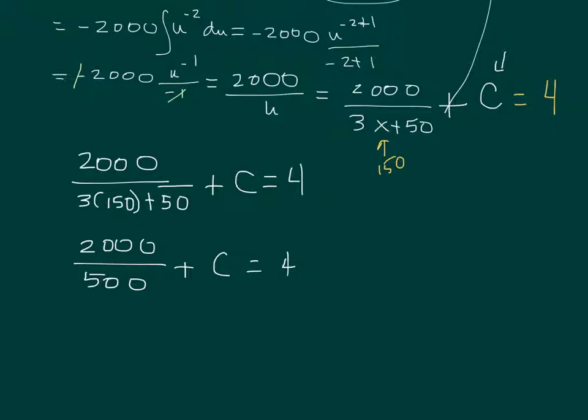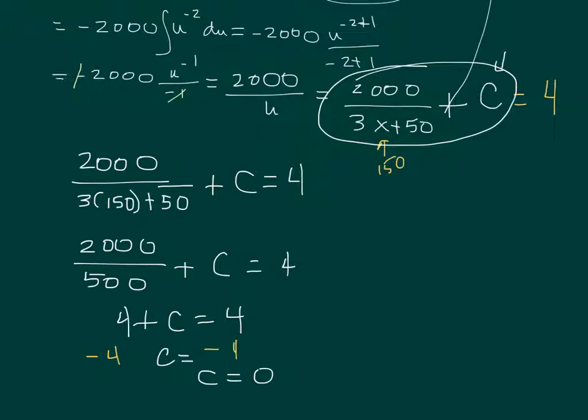I get 4, which if I solve this for c, I would subtract 4 on both sides, and I get c equals 0. Which means I go back to my answer here and I say P of x equals 2,000 over 3x plus 50 plus 0, but we don't have to write the plus 0 there.